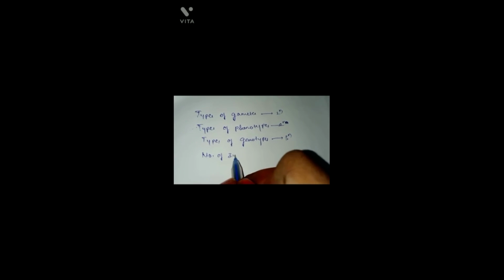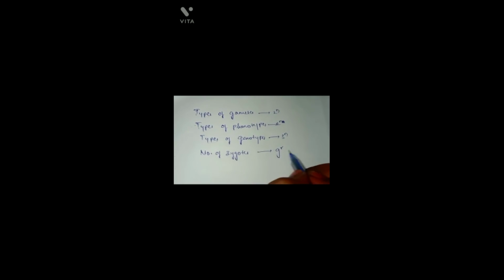Here G denotes the gametes, so the number of zygotes is (2 power n) whole square. In all the above formulas, n represents the number of heterozygotes in the genotype. These formulas are used in the NEET examination, and they are very useful to know the number of gametes, genotypes, and phenotypes very easily.